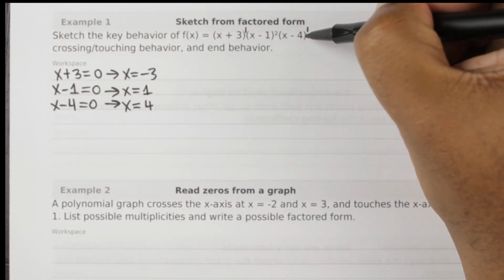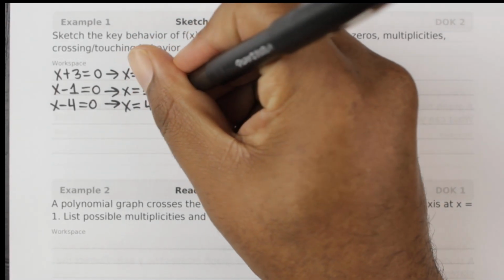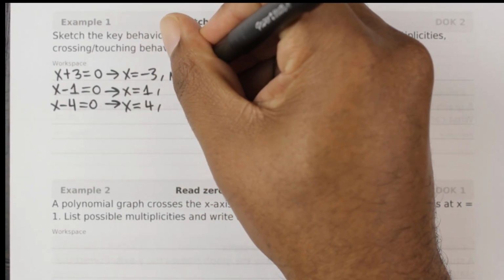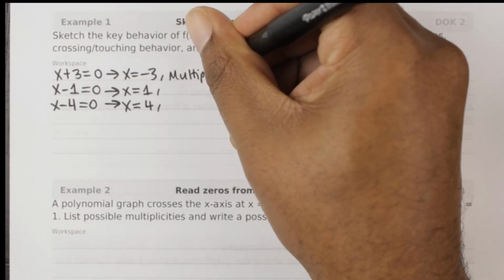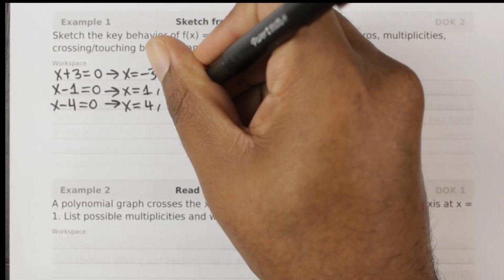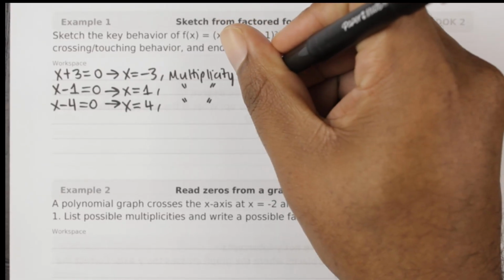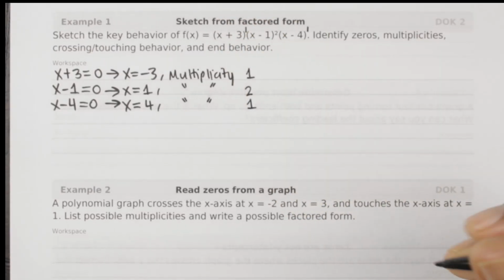The factor of x minus 4 has an exponent of 1. So the multiplicity of 1, 2, and 1. Okay. Now determine whether the graph crosses or touches.